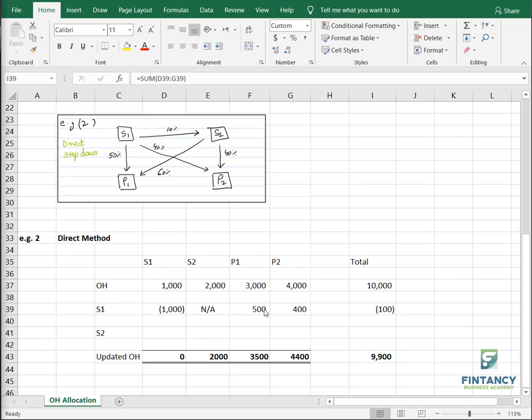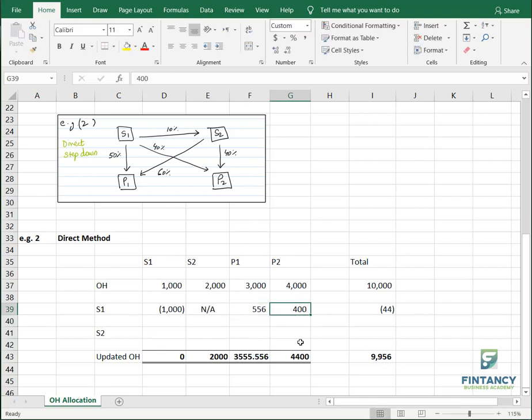What do you mean by remaining ratio? I will show you. So here we will say 1000, right? Multiply by 50 because 50% is going to P1, divided by 90. What is 90 basically? 50 plus 40 is how much? 90. This is called remaining ratio, so that we can allocate the total amount.